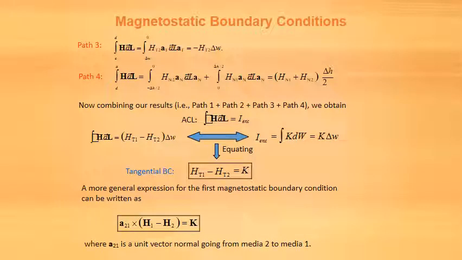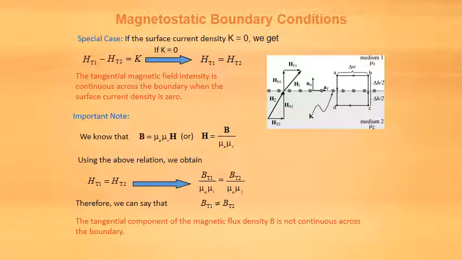For path 3, minus Ht2 into delta w, and for path 4, we have Hn1 plus Hn2 into delta h by 2. By considering the above equations and equating, we have Ht1 minus Ht2 equal to K. Therefore, in the magnetic boundary condition, the tangential component is discontinuous. If K equal to 0, the tangential component is continuous.